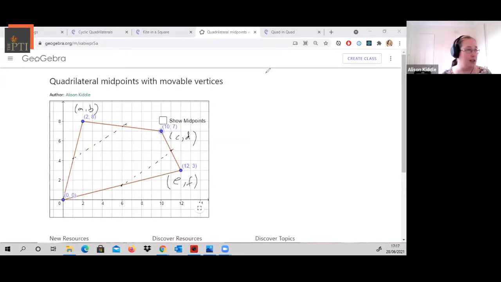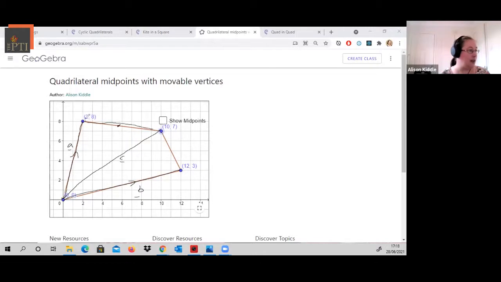Another option that I can have then is, instead of using the coordinate labeling, I can actually use vectors for this. So I can say, let's let this one have position vector A, and then this point can have position vector B, and then this point have position vector C, and then I can work out the midpoint.